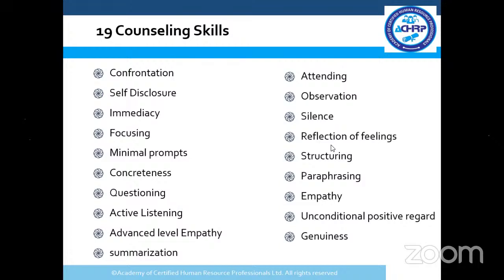So who knows better where you are supposed to start from? Who knows better the issue you need to address? Then I can see Milka is saying the client knows his or her issues. So when a client comes with so many issues to you, it is the client who knows better. But under this, we use a skill we call focusing.